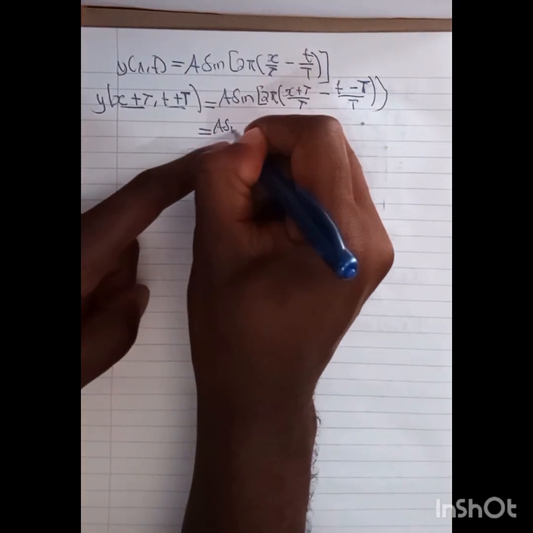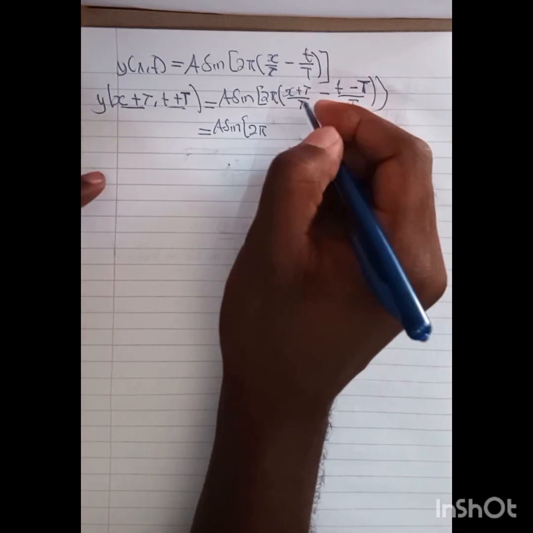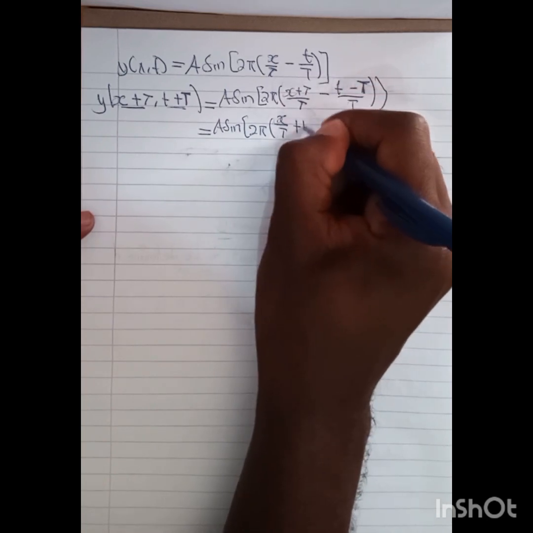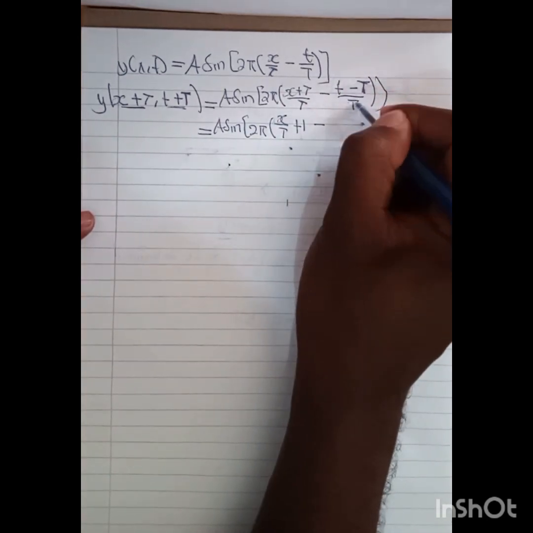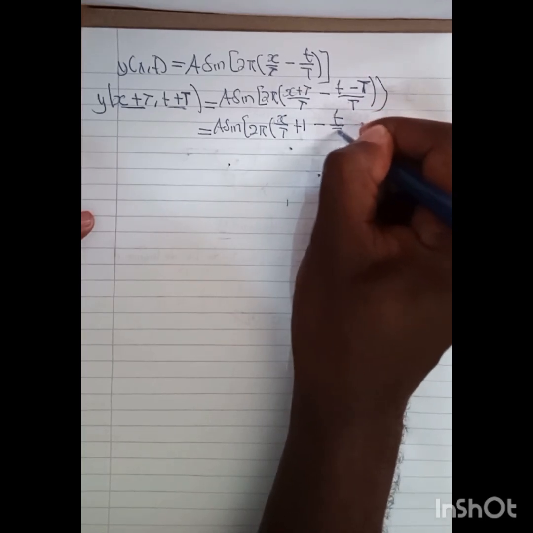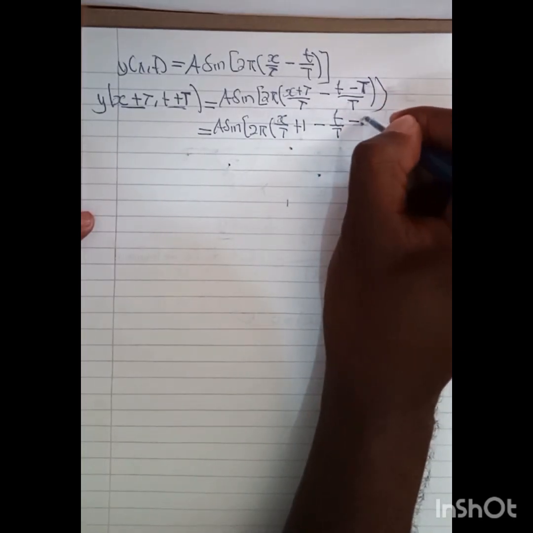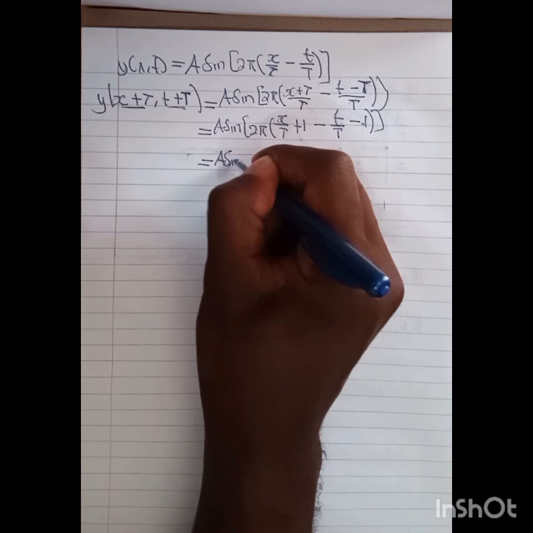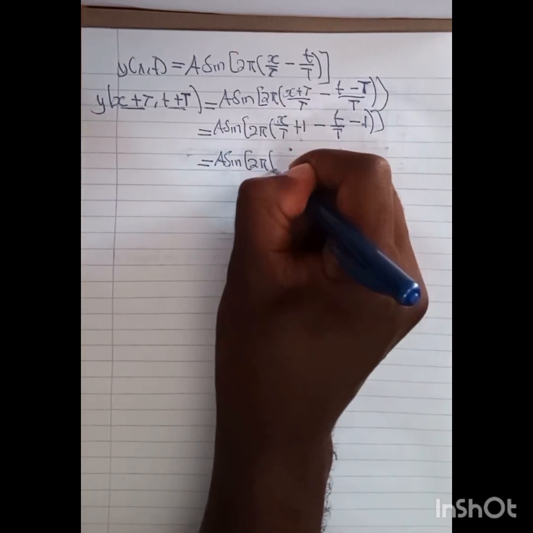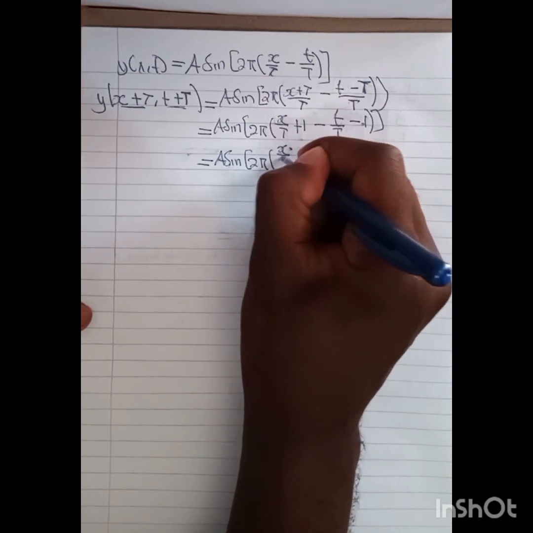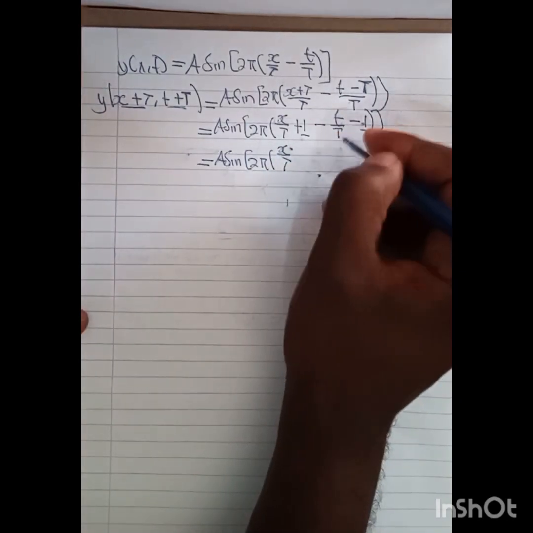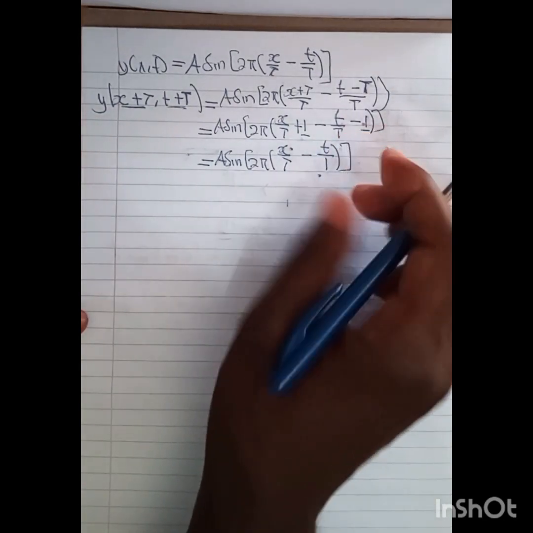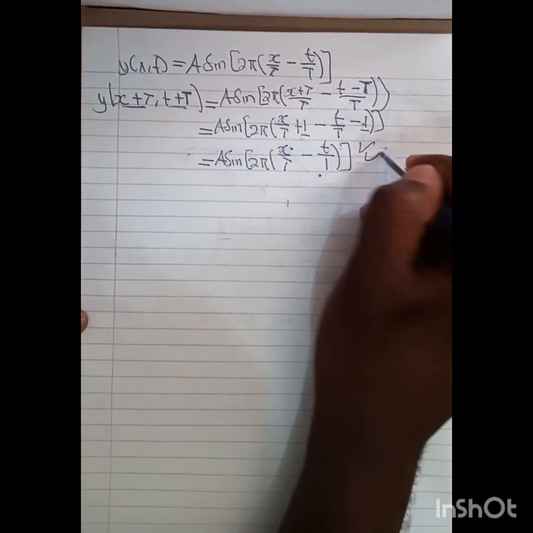As a result, we'll have the following outcome: 2 pi, x over lambda plus lambda divided by lambda, which is 1, minus, dividing both terms by the period, t over T plus T divided by T, which is 1. So we have A sine of 2 pi, x over lambda, then 1 minus 1, which is 0, and what remains is t over T. You can see that this equation at any time and at any position is the same as what we have here.